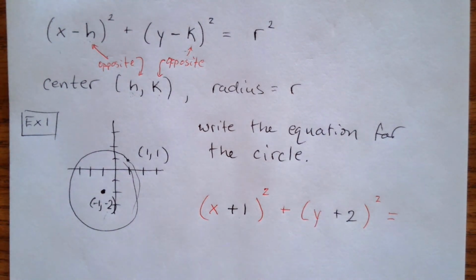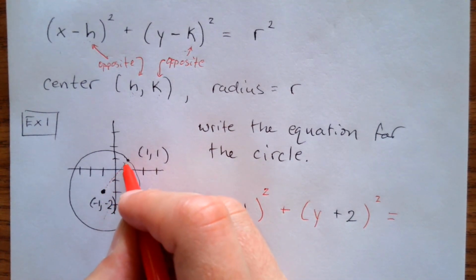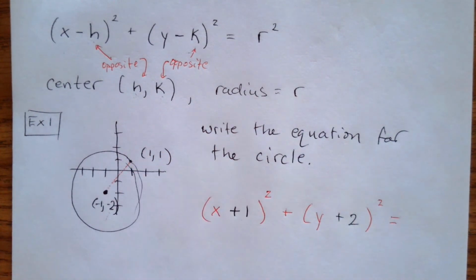Look at this. This is the reason why we did what we did on the whiteboards. The radius is the distance between the center and a point on the circle. So we're going to use the distance formula to figure out the radius. So I'm using x2 minus x1.